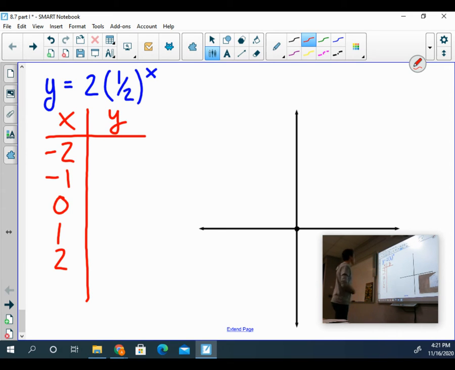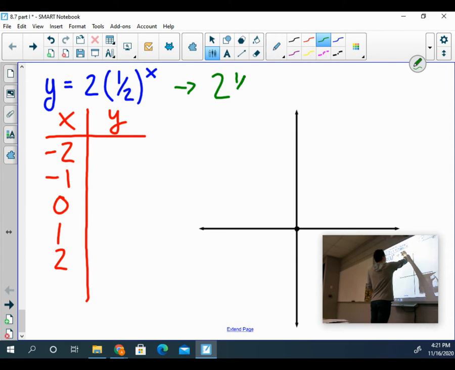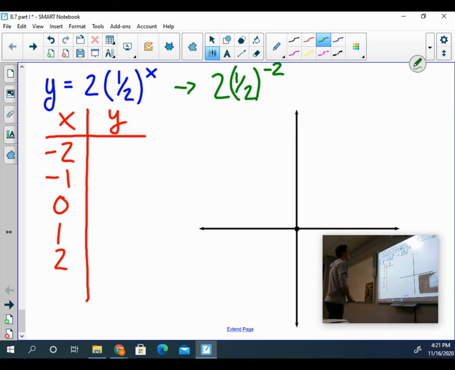With step 2, we're going to plug our x values once we've chosen them into our exponential function. How's this going to work? Well, let me show you an example, then I want you to pause the video and do the rest. Plug your x value directly in for x and solve. So I'm going to plug -2 in for x. Again, this goes back to, how do I use my exponent rules?